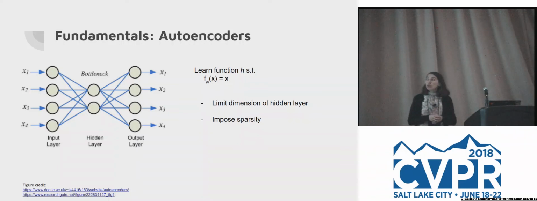And also, if in this same architecture, you don't give a requirement over the number of hidden units in the hidden layer, and you let them be as many as you want, kind of an overcomplete basis if you want, then you can impose a sparsity, and you would recover an algorithm similar to sparse coding.